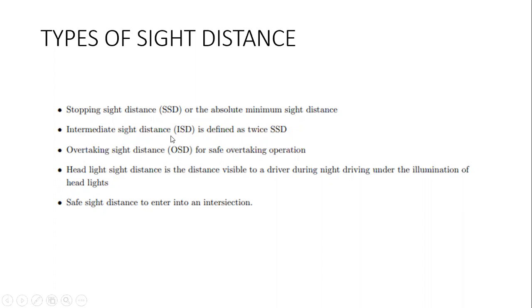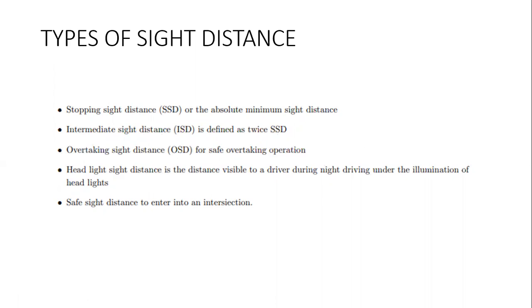Now if I say intermediate side distance, as I said, we have already seen the overtaking side distance. Suppose you do not have as much distance to overtake. At least some minimum distance, called the intermediate side distance, should be visible to the driver, so as to give limited overtaking opportunities to the fast vehicles. In some cases, there will not be a complete overtaking side distance present for the driver. In that case, some minimum side distance will be available.